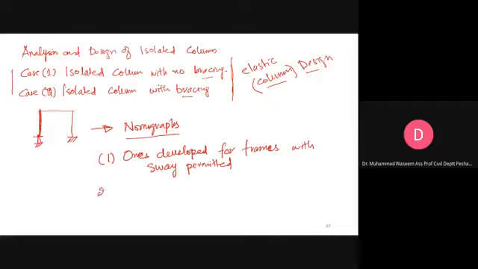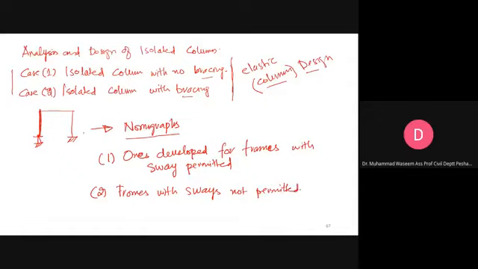The second is frames with sway not permitted.